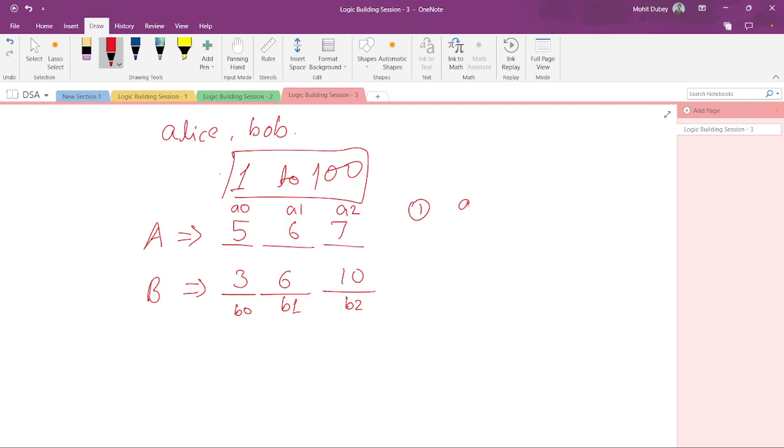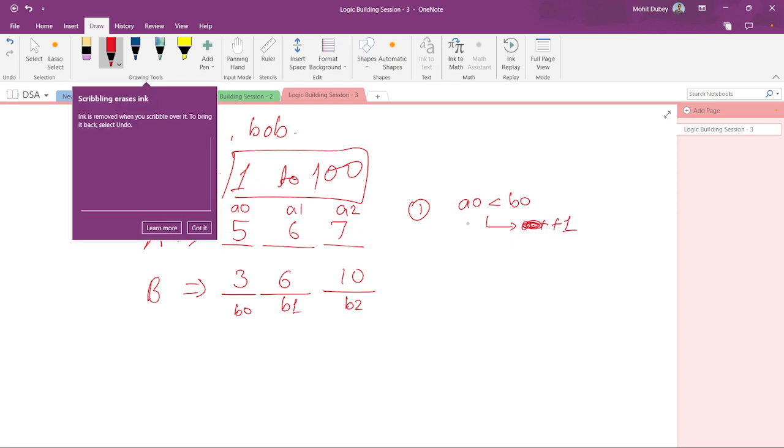If a of 0 is less than b of 0, then Bob is awarded 1 point, or maybe just say plus 1.